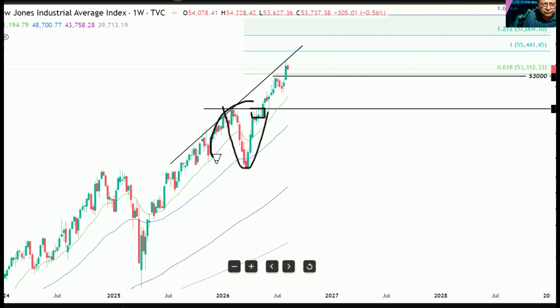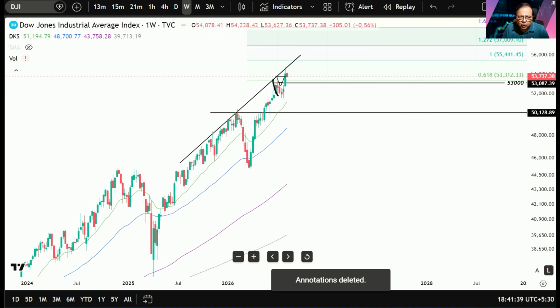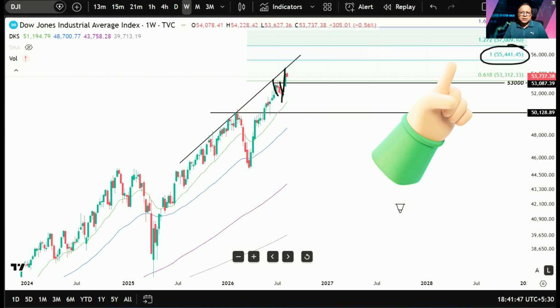If you use the Fibonacci extension tool, it came to around the 61.8% expansion level. After it attained it, it consolidated for a few weeks and then trend resumption took place. So the next potential level is 100% expansion, which comes at around 55,400 level.